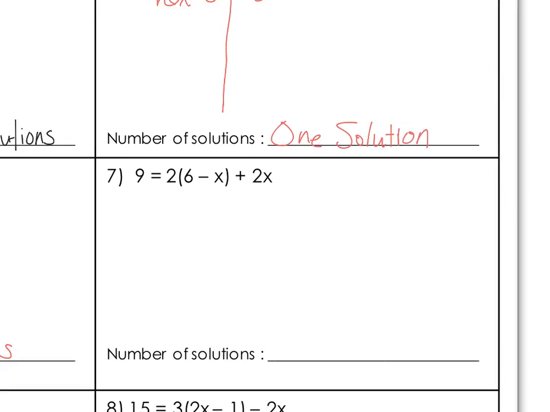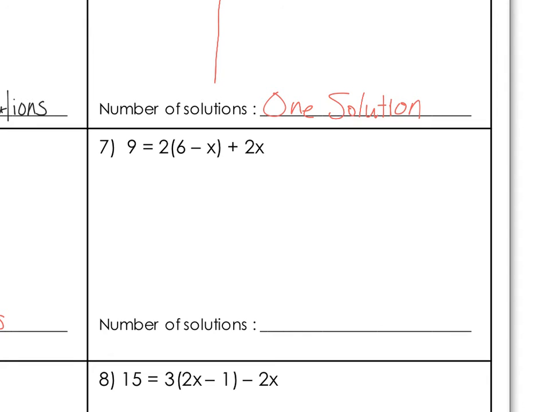Number 7. Use the distributive property. 9 equals 12 minus, this doesn't have a coefficient, so I better give it a coefficient of 1. 2 times 1x is 2x plus 2x. Combine like terms on the right-hand side.